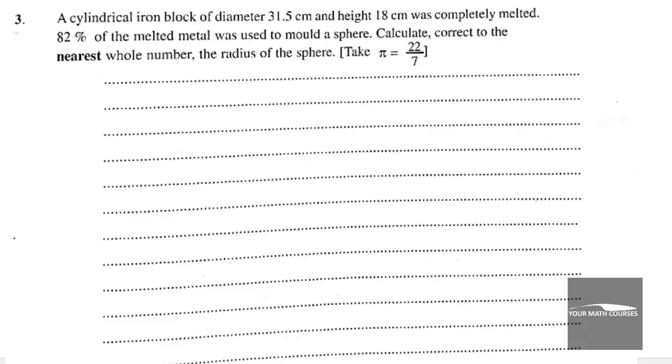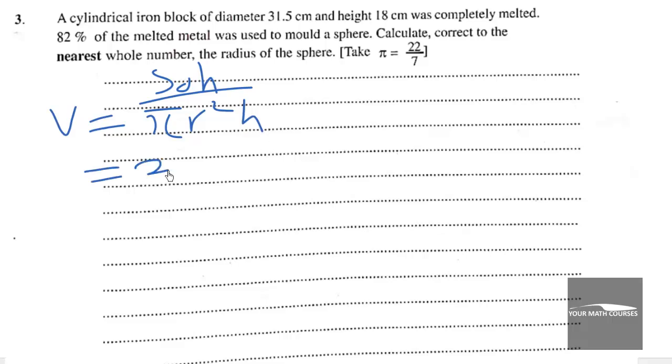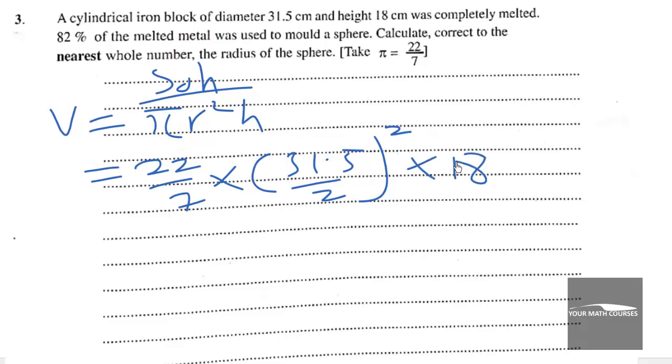So let's see how we can solve this question. We know that the volume of a cylinder is equal to pi r squared times h, and the pi is given as 22/7. The r will be 31.5 over 2, diameter divided by 2, squared, times 18.